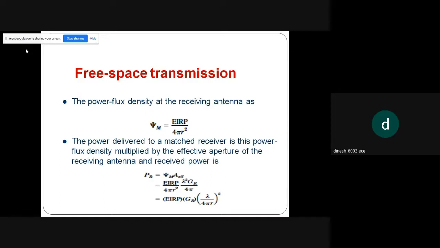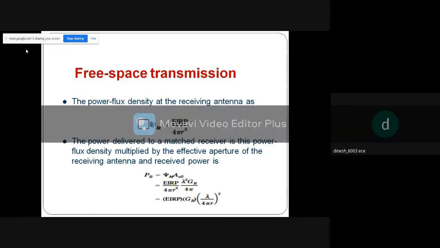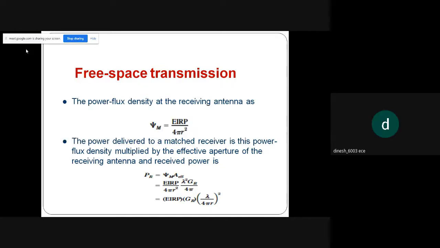The received power is PR equal to phi m times A, the effective aperture of that particular antenna. It could be isotropic, directional, or parabolic, depending upon the need of the service being considered in the satellite.